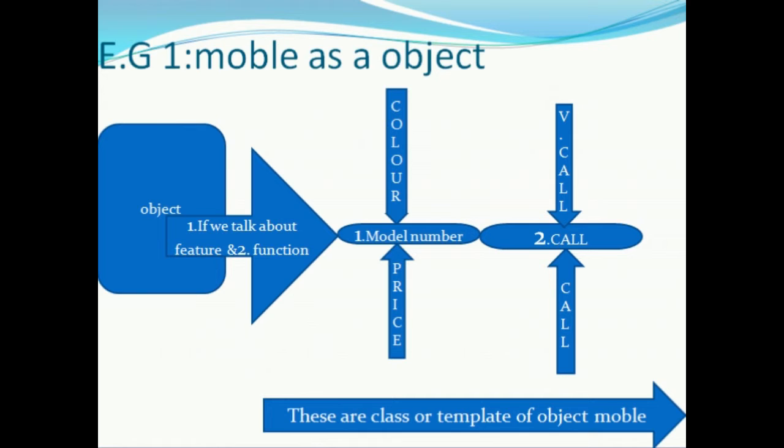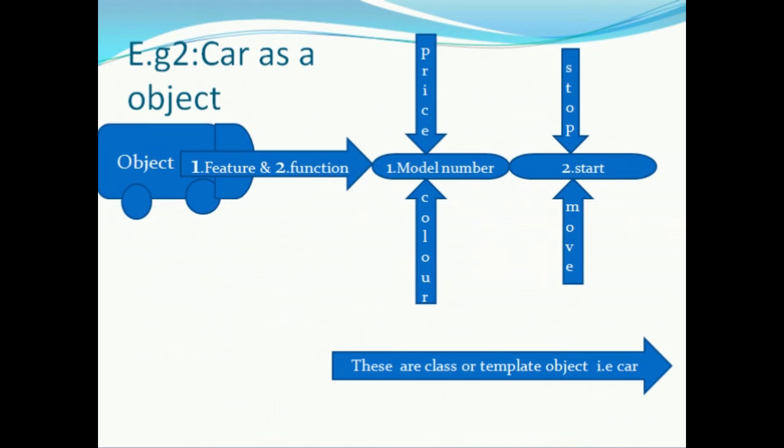Let's take another example. I am taking a car as an object. If we talk about the features of this car, color, model number and price are its features. And if we talk about the functions of this car, to start, stop and move are its functions. And these are the class or template of the object car.